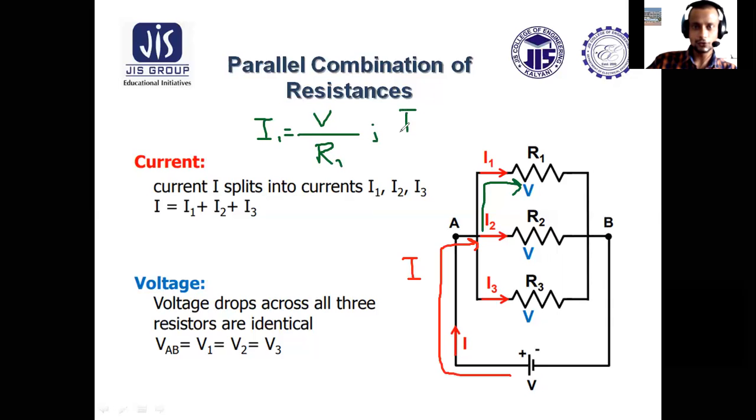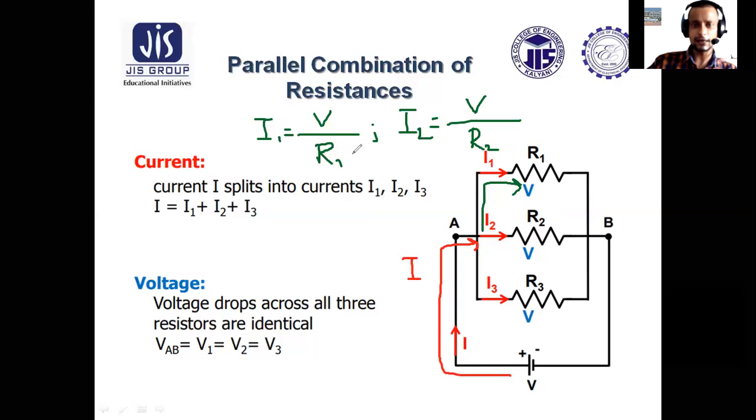Similarly, I2 equals V by R2. So what does this mean? R1, R2, R3, all of these experience the same amount of voltage V. So I1 through R1 will be V by R1, and I2 through R2 will be V by R2.